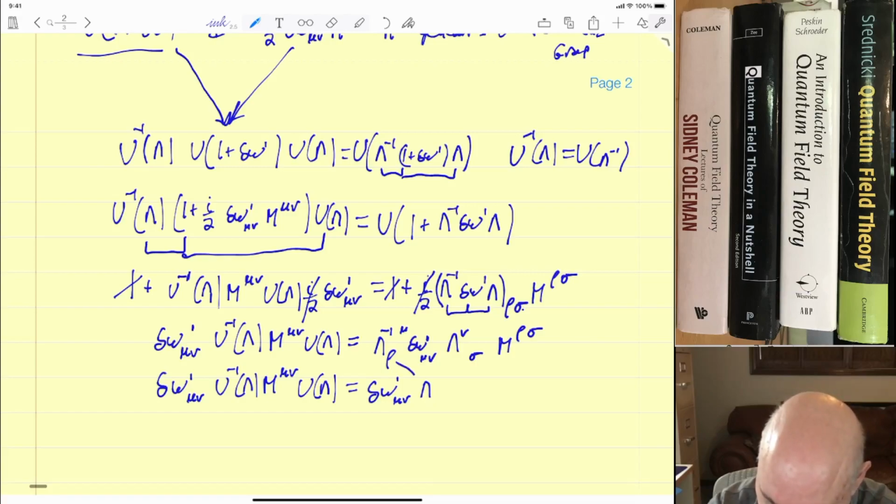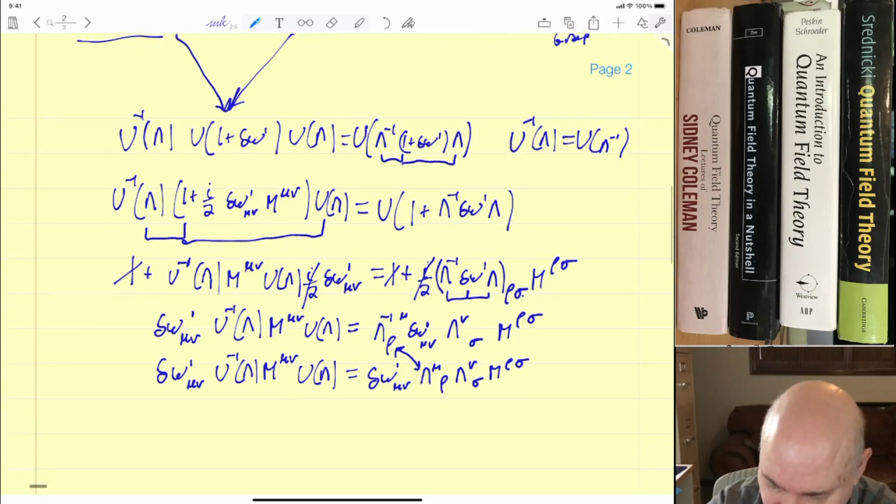Now we're going to use something I've noted before several times, that to get the inverse of lambda rho mu, you take the transpose and leave the indices in the up and down positions. So this becomes lambda mu rho, lambda nu sigma, M rho sigma.